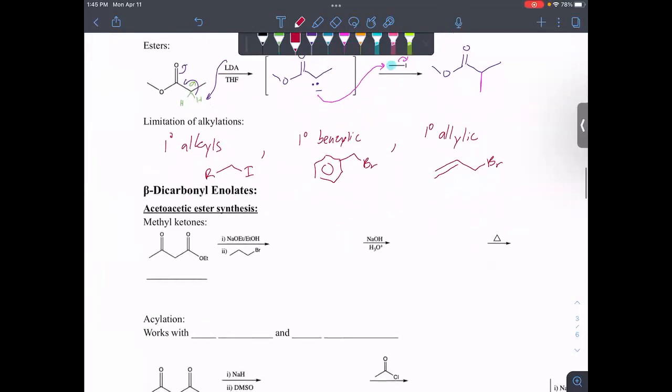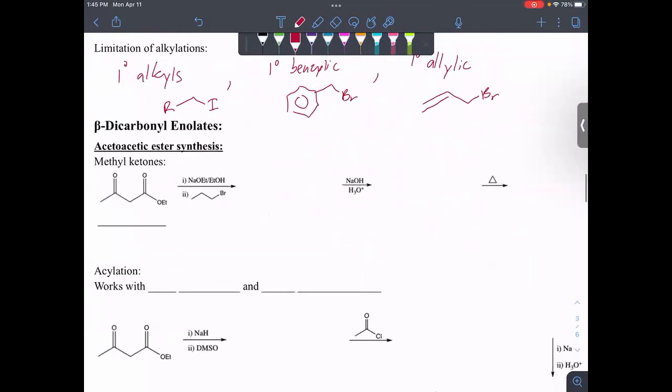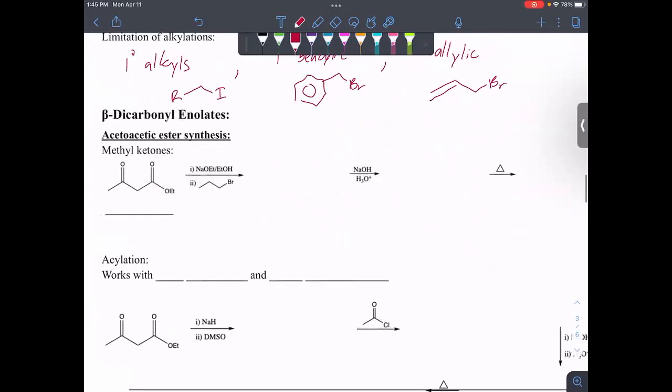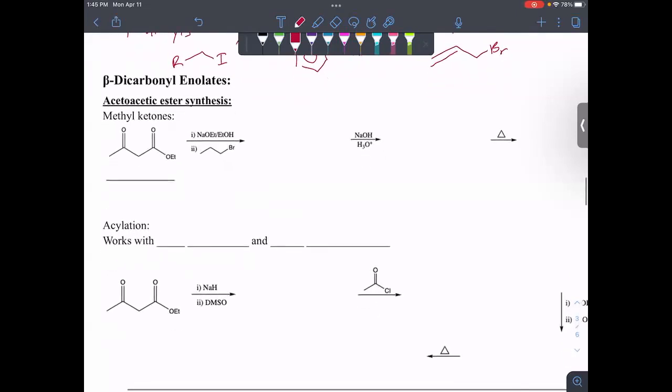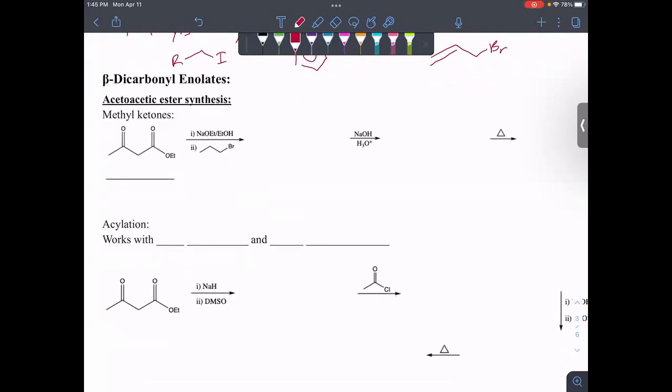Okay, so now this is the part, I don't think he did this in class, and I don't think he's very concerned with specifically acetoacetic esters or whatever, but it's the same idea as the rest of the chapter, so we might as well just do it. Acetoacetic ester? Really?